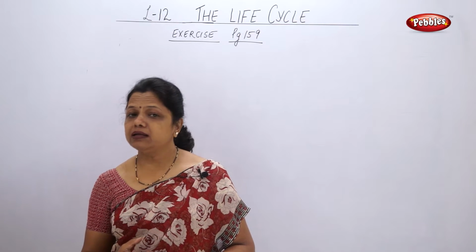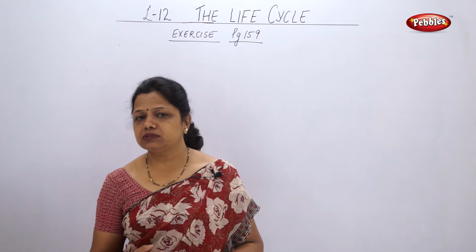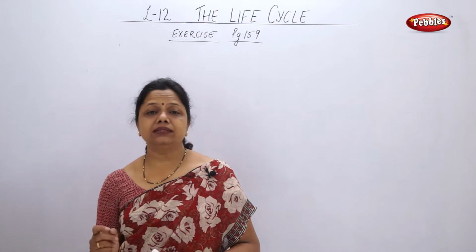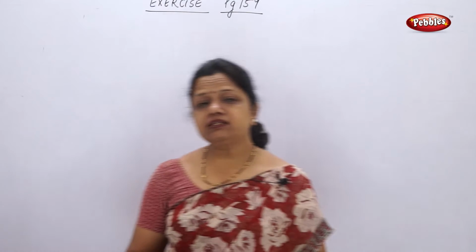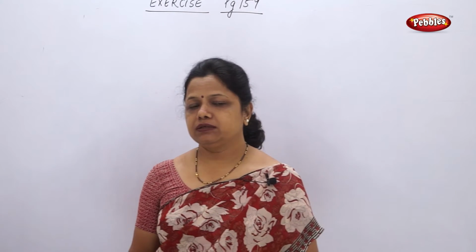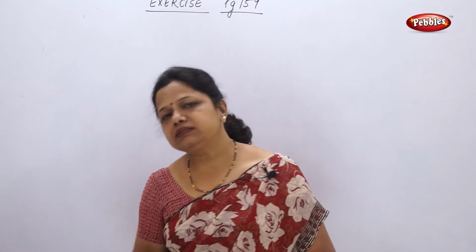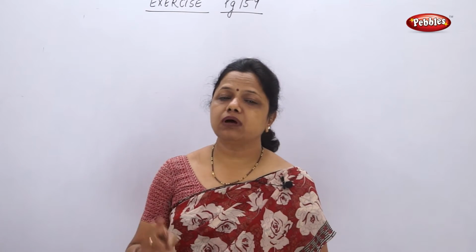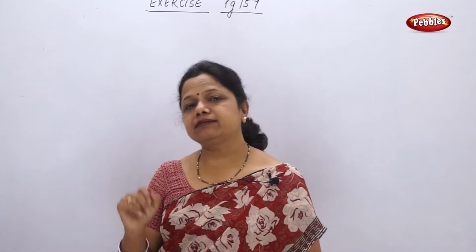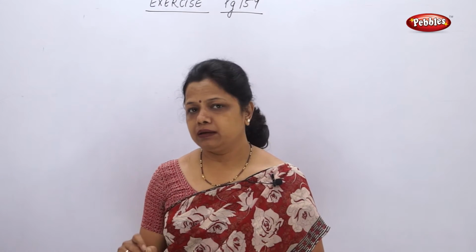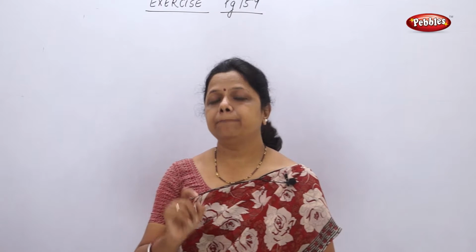The Hydra uses budding as the process of reproduction. So the answer is budding. Seventh: yeast reproduces by dash. Yeast is a unicellular organism and Hydra is a multicellular organism, but both show the same type of asexual reproduction, that is budding. So this answer also is budding.